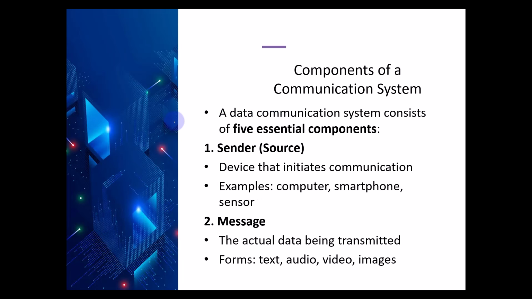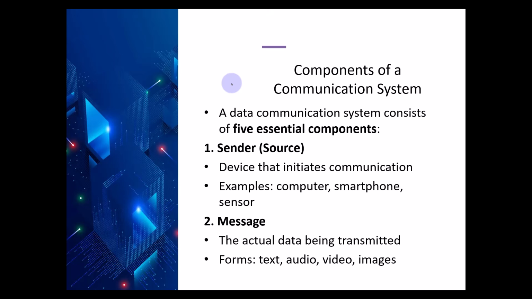Now let's look at the components of a very basic communication system. In any communication system, we should have what we call 5 essential components. These are basic. It can be broken down into more, but we'll look at the basic components. We call the first one the sender, and the sender can also be called the source. This is where the device initiates communication.